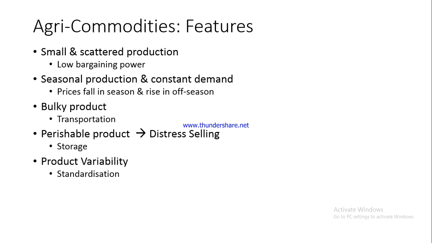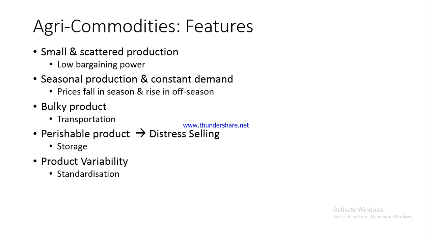Or, I'm just giving an example, it could be also the color of the outer layer. So if it is dark red, this is one standard, a particular kind of grade. So we have got different standards.